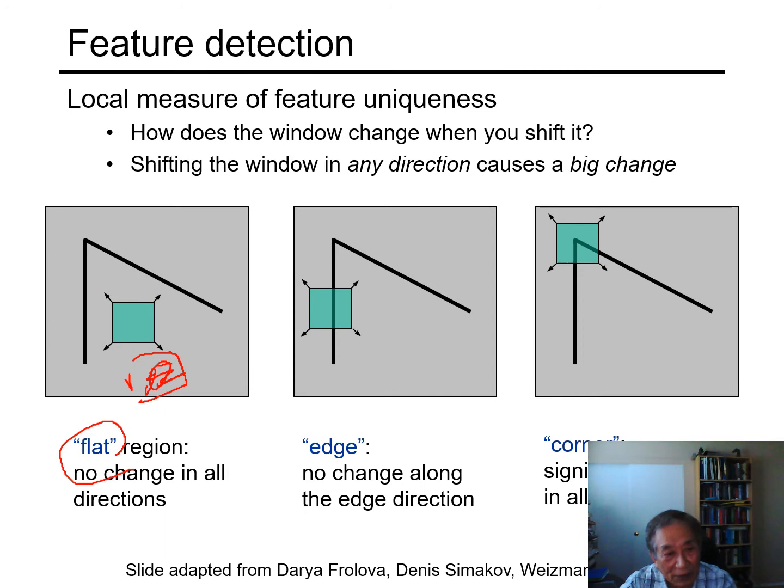When this window keeps moving around, it may be within an area where every element within the window is all homogeneous, all the same. In that case, that's a region.